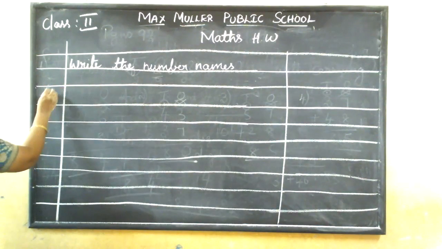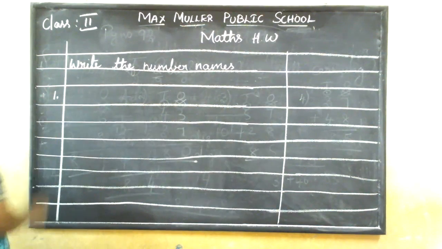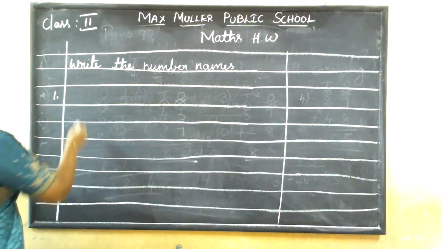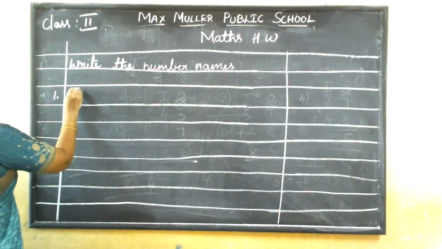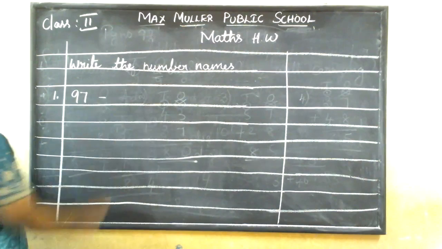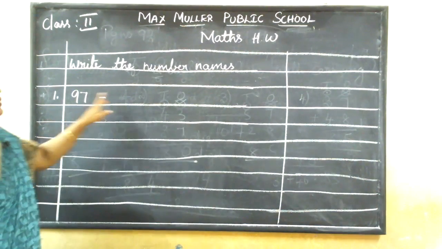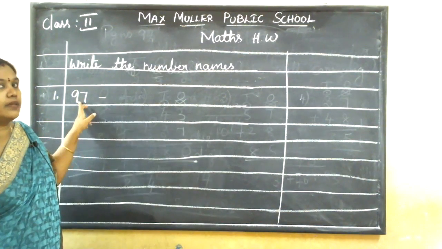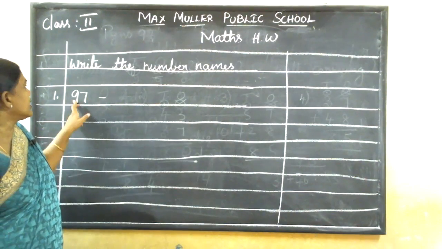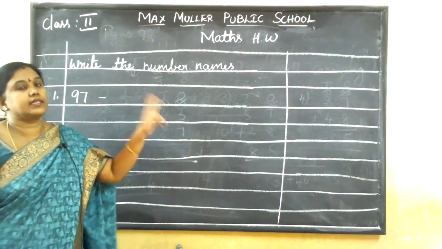Write the number name for. Leave one line. First one, 97. You have to write the number name for this 97. Words you want to write. 97 means don't write 97, children.